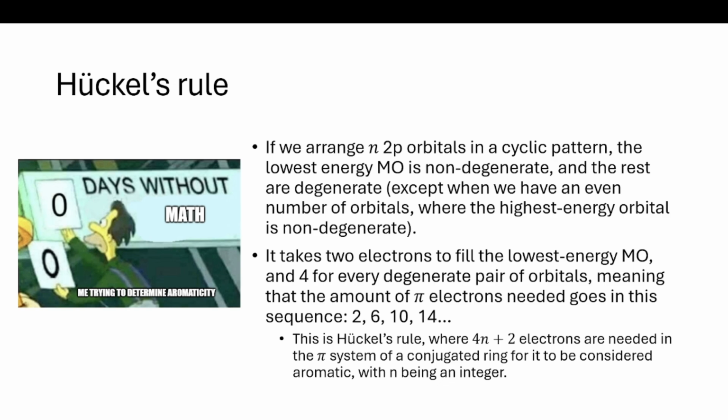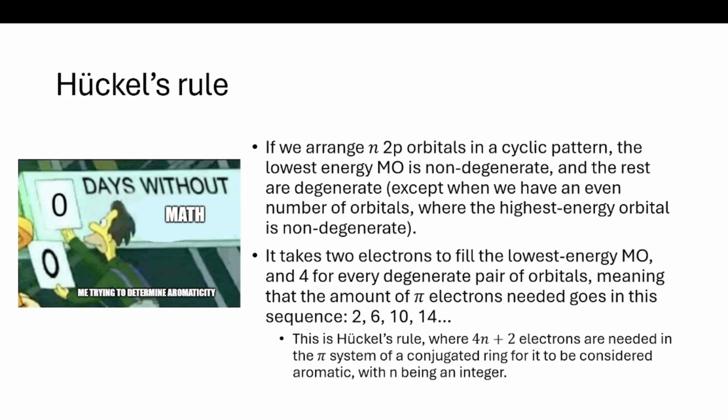Now, since it takes 2 electrons to fill the lowest energy molecular orbital, and 4 for every degenerate pair, the number of pi electrons needed for aromaticity is going to follow this pattern: 2, 6, 10, 14, and so on.